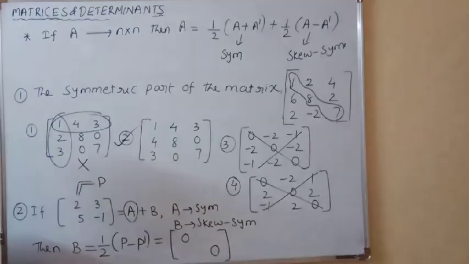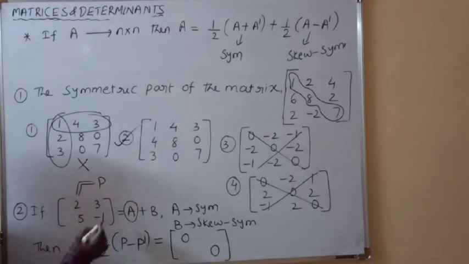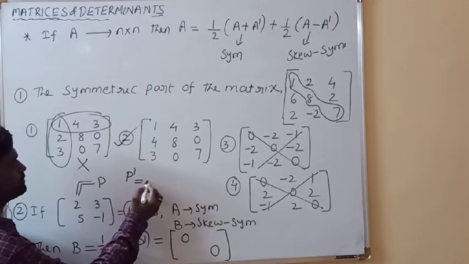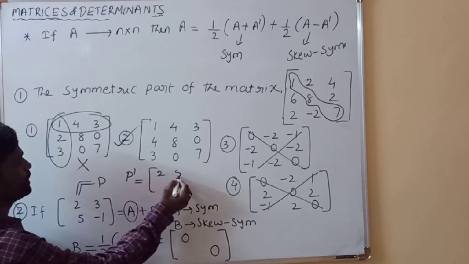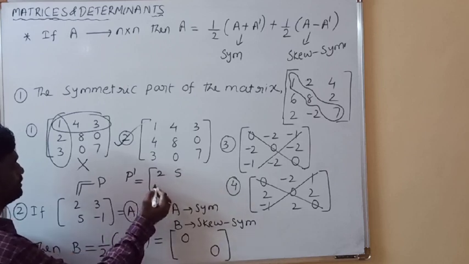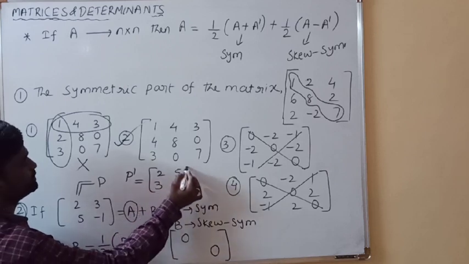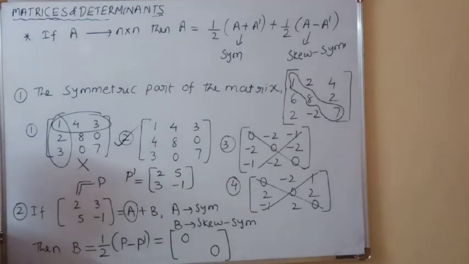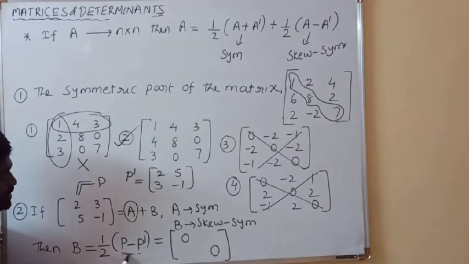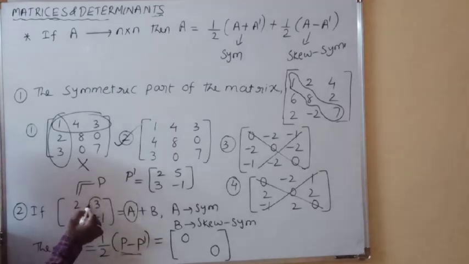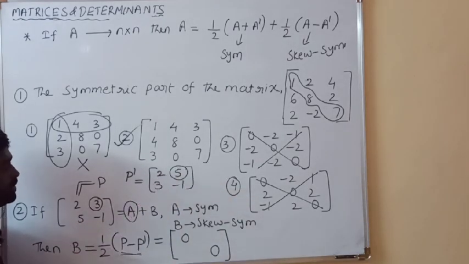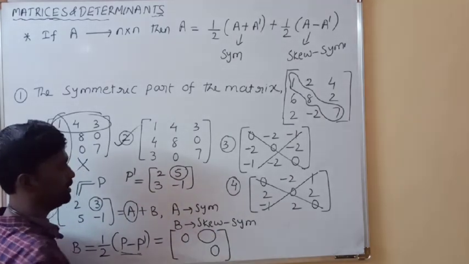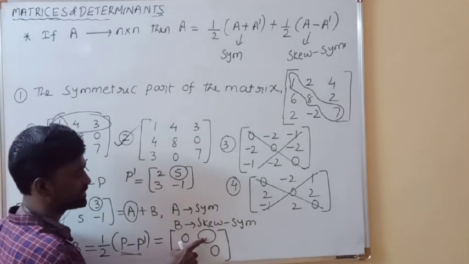So what do you get? This is P, and P dash is 2, 5 next to 3, minus 1. Next, P minus P dash, into half. So this element minus this element. We are calculating only this element.